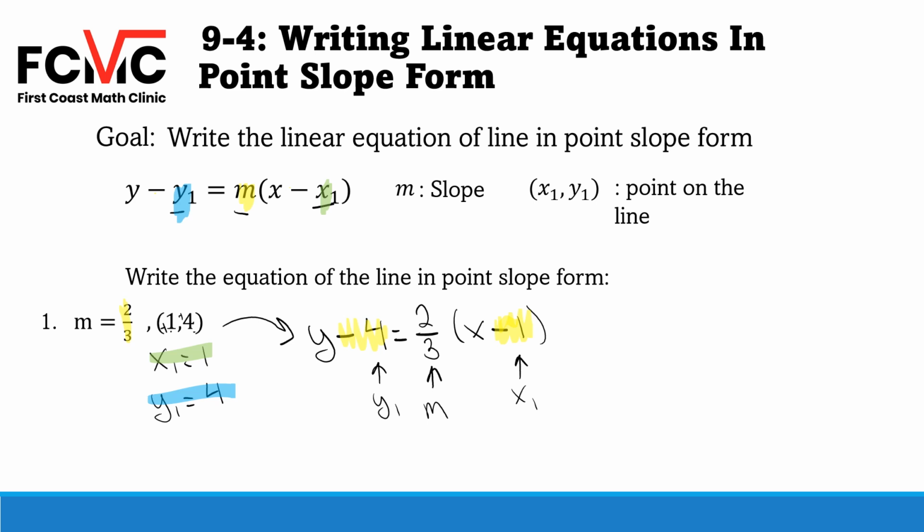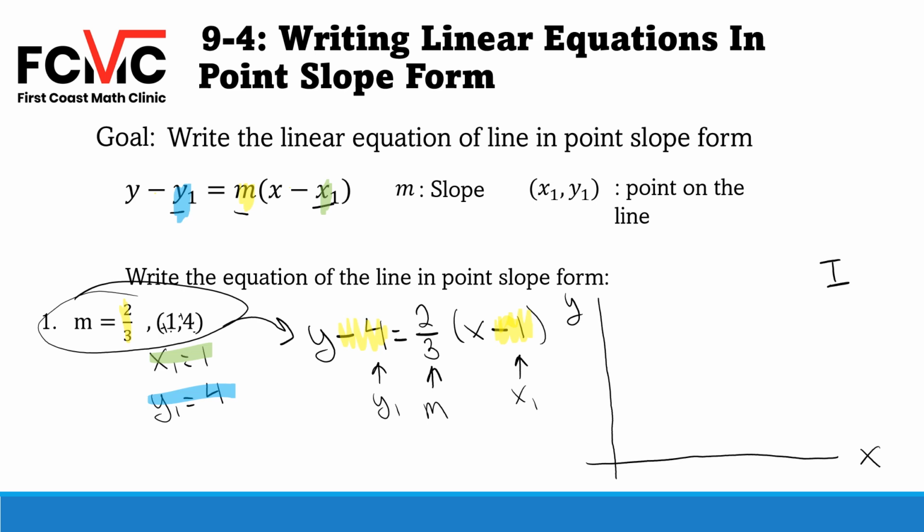So let's look at what the graph of this looks like. We're at 1, 4. So we'll draw a quick graph of this. So 1, 4 is in quadrant 1. So here's our x-axis, here's our y-axis.